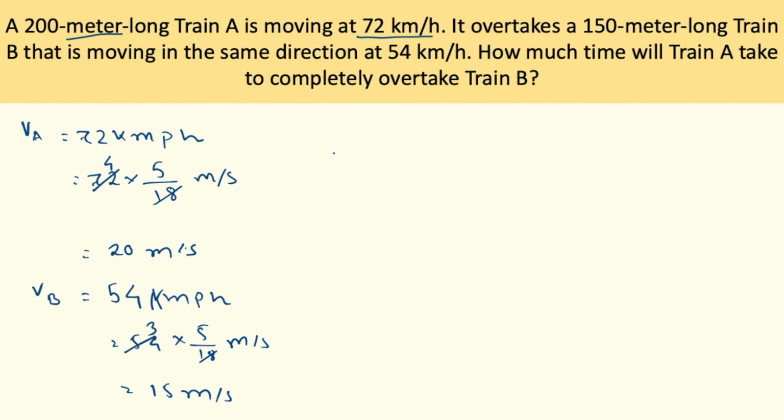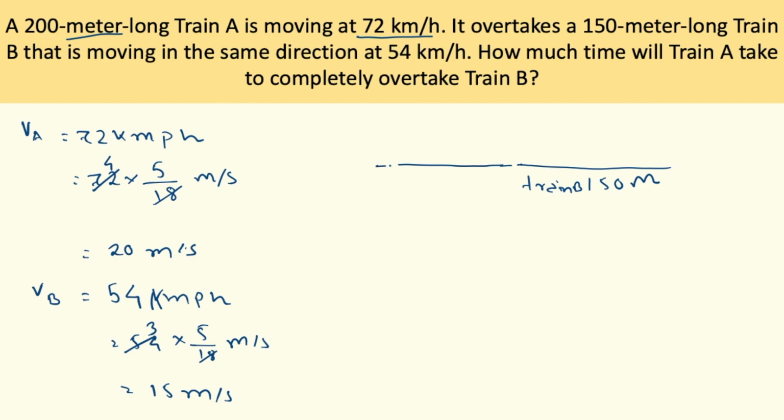Now the train A overtakes a 150-meter long train B that is moving in the same direction. So if I consider the train B, which is 150 meters long, let this be the distance representation. This is train B, and then the train A which is basically 200 meters long.